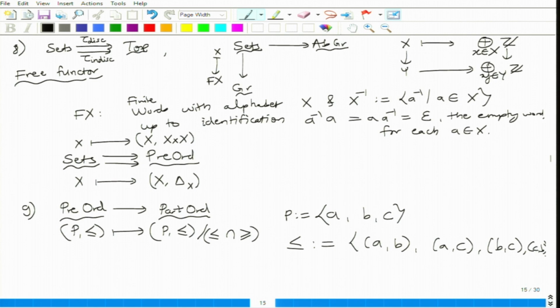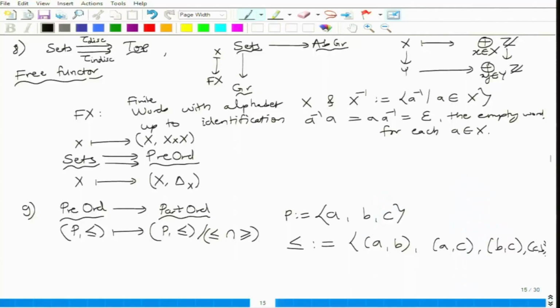Now what will be the corresponding partial order? Are B and C actually different here? No, they are not equal. They are definitely different, but you can identify them because their relationships with other elements are exactly identical.